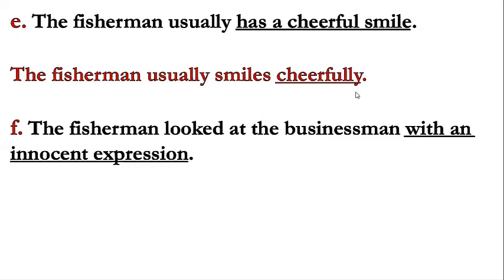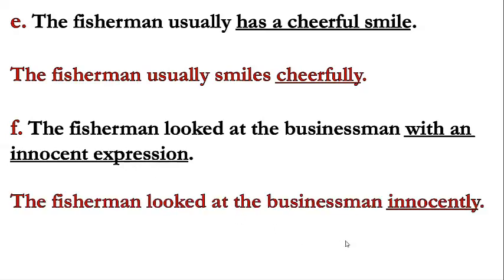Let's see number F. The fisherman looked at the businessman with an innocent expression. With an innocent expression, this phrase we need to change into an adverb. Look, innocently.